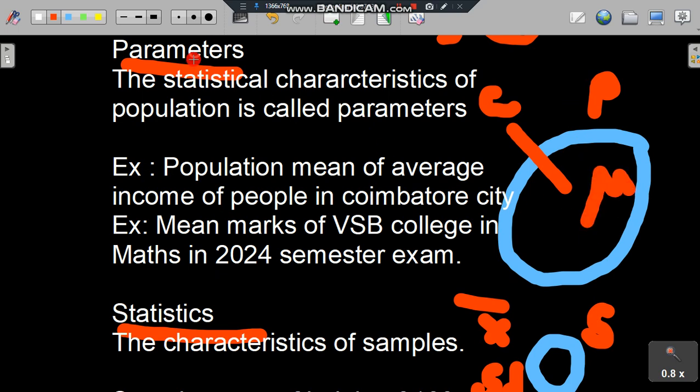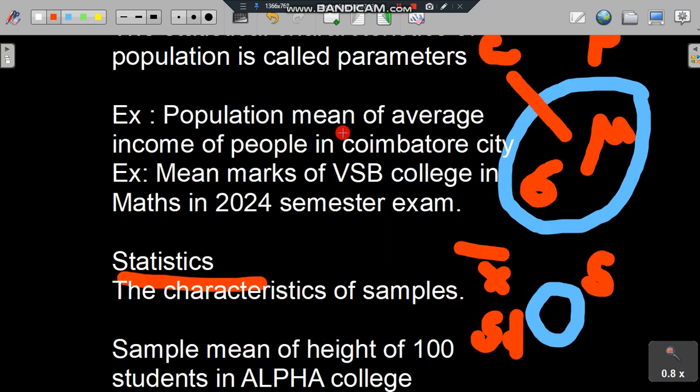That's one parameter. Another one is sigma, the population standard deviation. So this is another example for parameters.